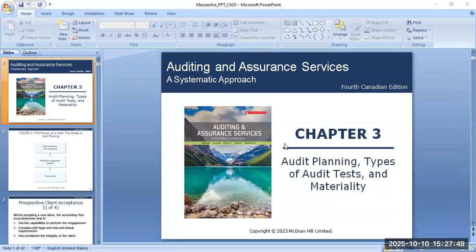In this chapter, it's getting serious. Now we start doing the audit. When we start doing the audit, first we're going to do the planning. We're going to do some tests and we're going to assess materiality.